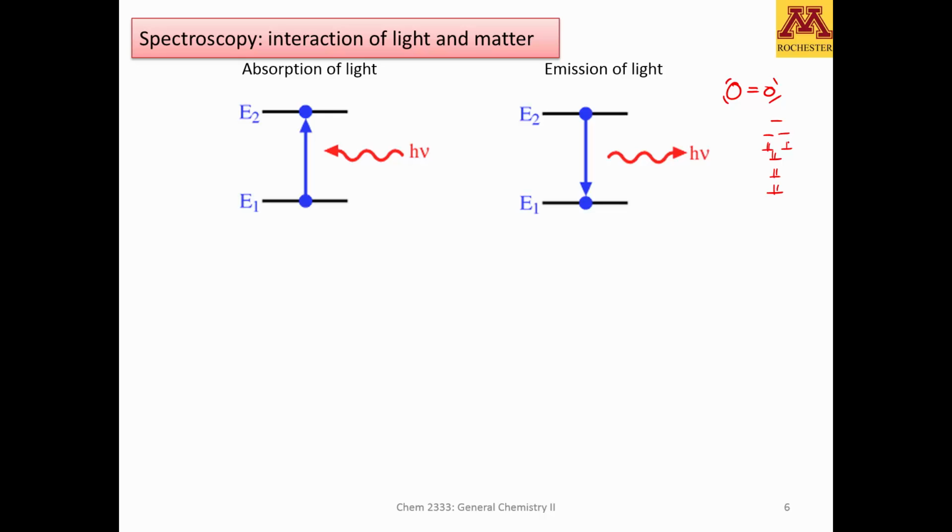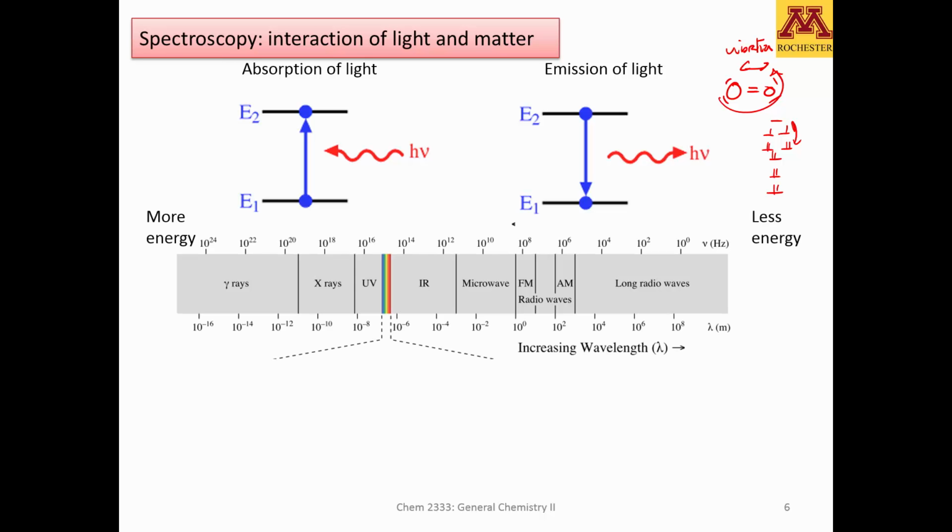Sure, you can transfer electrons between different molecular orbitals, but a molecule of oxygen also has vibration, and a vibration is also quantized, and a molecule of oxygen, like any other molecule, has also rotation, which is also quantized. This means that with electromagnetic light, or with light, we can transfer between energy levels of different kinds.